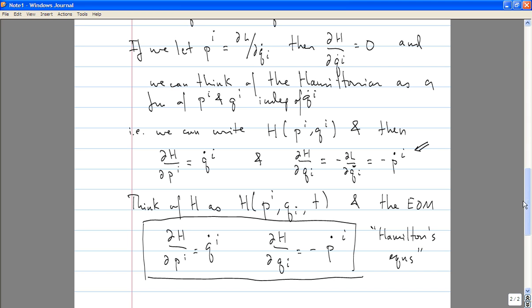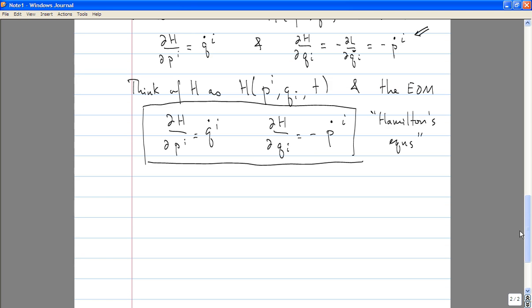So, in particular, let me just summarize what I think of as the Hamiltonian recipe for writing down Hamilton's equations for a dynamical system. So let's imagine that we start with a system which has a Lagrangian that is a function of the variables qi along with their time derivatives.